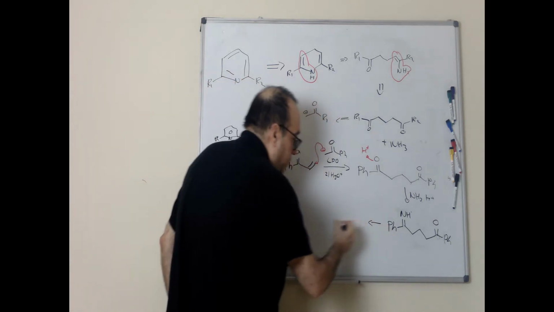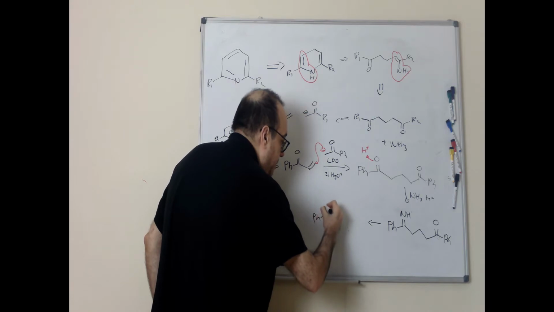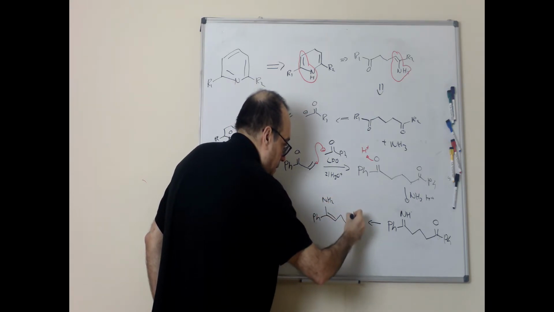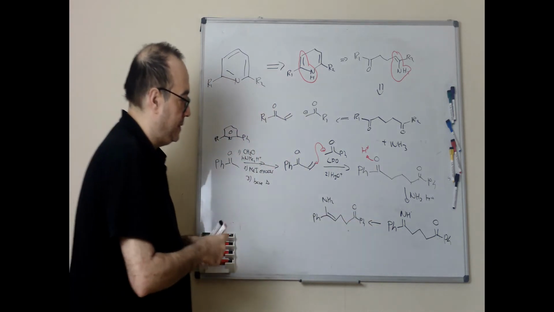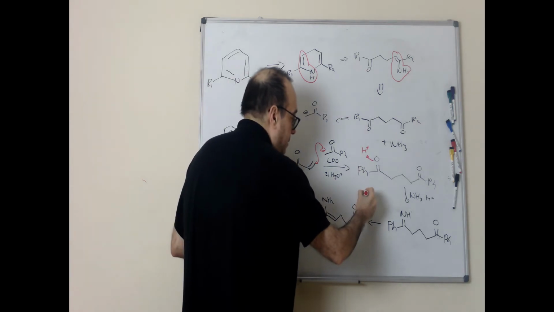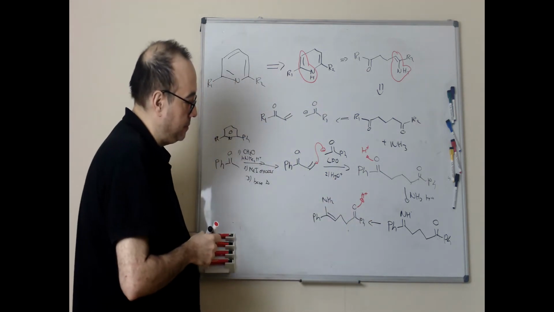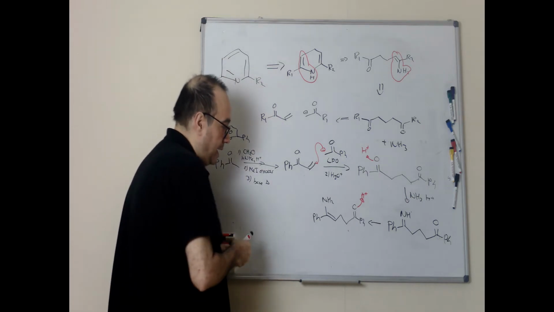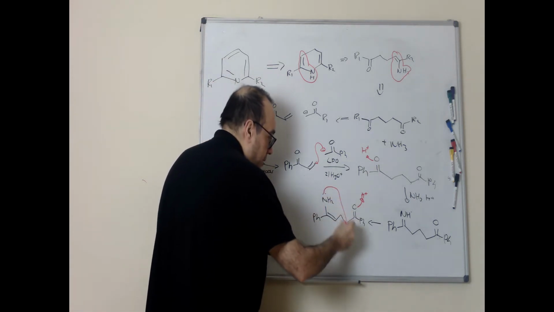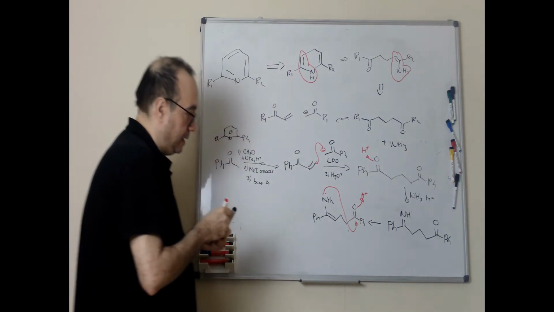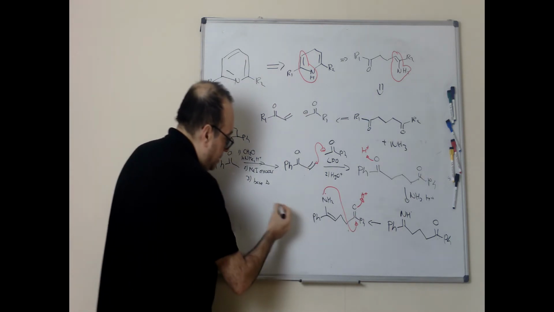Next, tautomerization, imine and enamine. I protonate the second ketone, and the pair of electrons of the nitrogen will form the imine again.